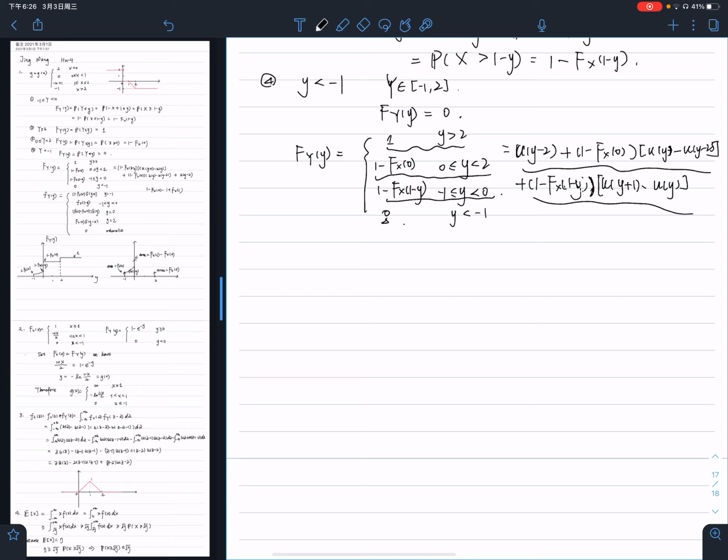Then we compute the PDF using this representation of the CDF.